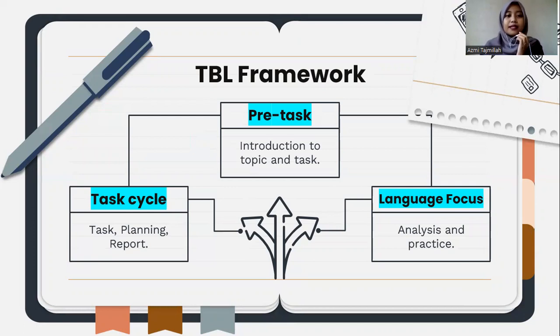And then the next one is task cycle. There are task planning and report.